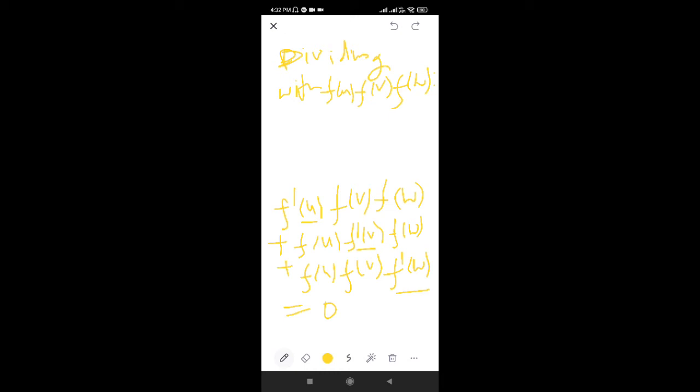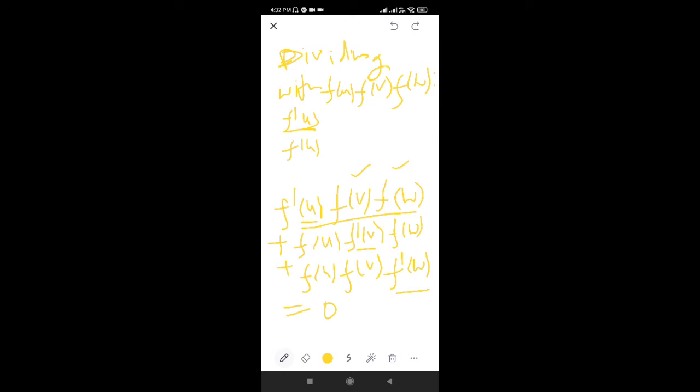Then what happens? We have to divide each term with fu, fv, fw. What happens to this first term? If you divide this term by fu, fv, fw, you may cancel fv and fw, and so you are going to get f prime of u by fu, isn't it?